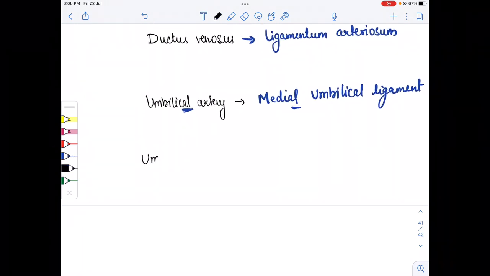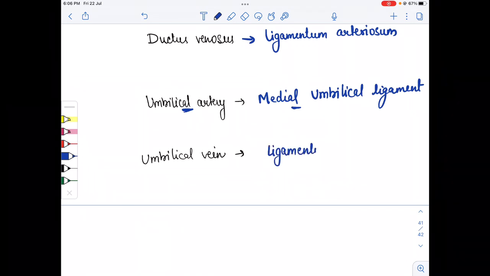After the umbilical artery, we have the umbilical vein. In the umbilical vein, the remnant is going to be the ligamentum teres hepatis.